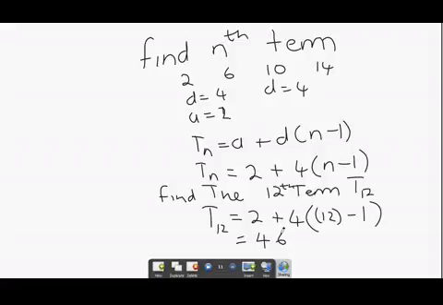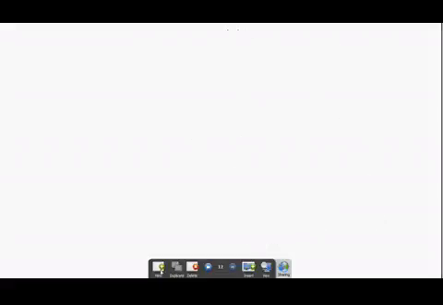So let's say they said find T50. Find T50. Now to find our T50, again, we are using the formula in its raw state.